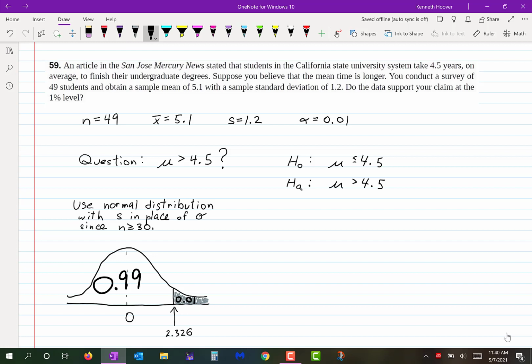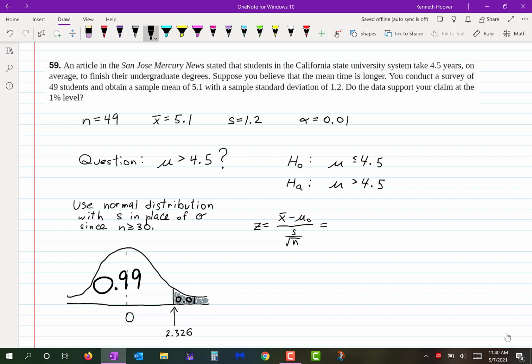We calculate our z-score. The only thing is I'm going to put S instead of sigma because I don't know sigma. That might feel like it's a little bit of a cheat, but remember that that cheat is statistically acceptable as long as n is at least 30.